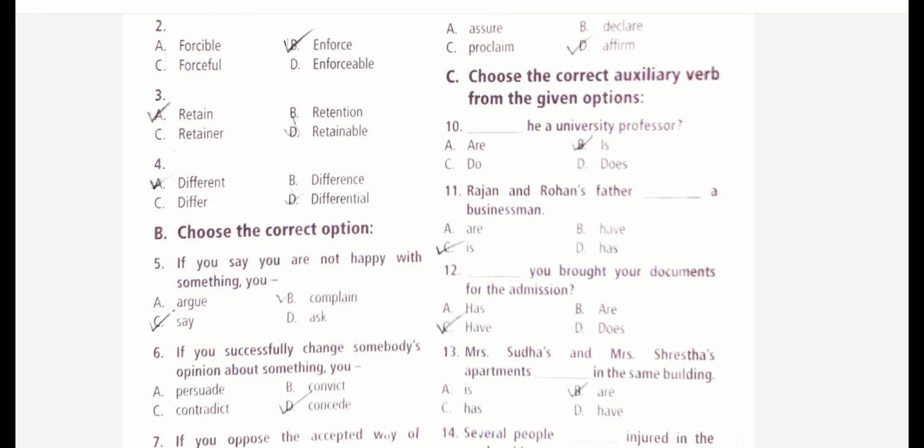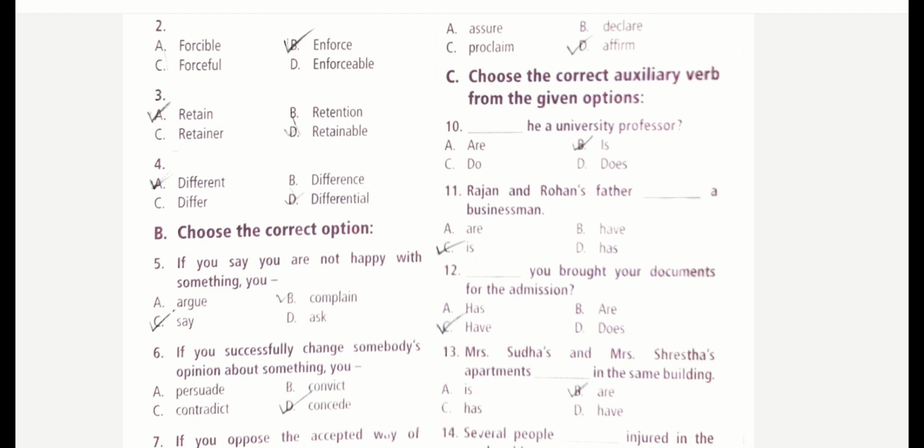See section C. Okay, we have to go through section C. Choose the correct auxiliary verb from the given options. So the question number 10 is, dash he a university professor. So we have the options: is, do, does. Correct answer is is. Means, is he a university professor? Okay, so the correct auxiliary verb depends on the context of the sentence.